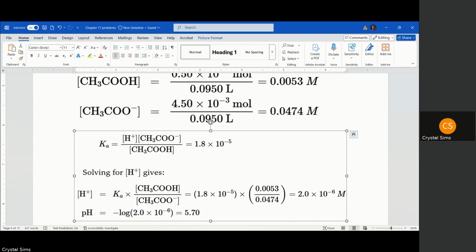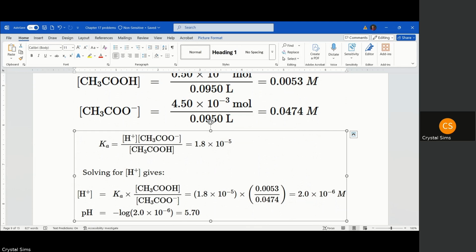We could have also used the Henderson-Hasselbalch equation here for the last step. Using our equilibrium expression and the Henderson-Hasselbalch equation are interchangeable either way. Okay, so the pH, when we put 45 milliliters of sodium hydroxide in 50 milliliters of acetic acid, is 5.70.